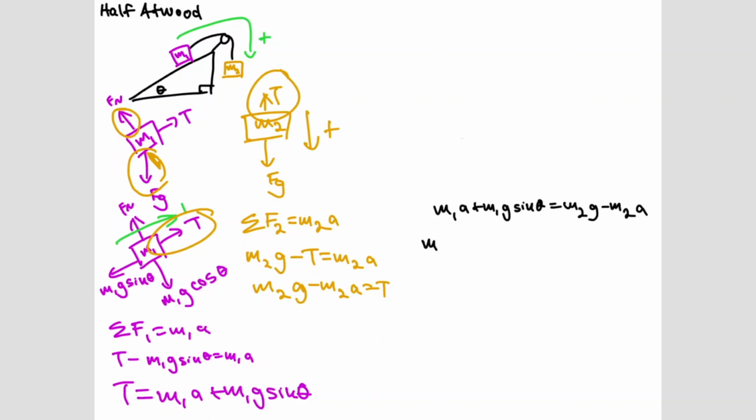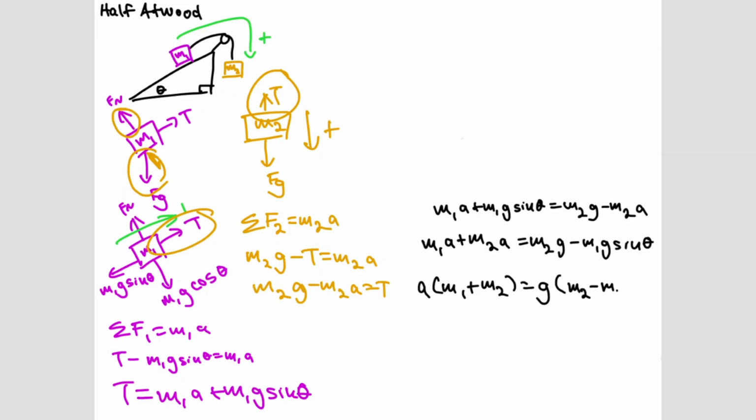Now I have m1a plus m2a is equal to m2g minus m1g times the sine of theta. Now I can factor things out: factor out the g, and then I divide to just get this.